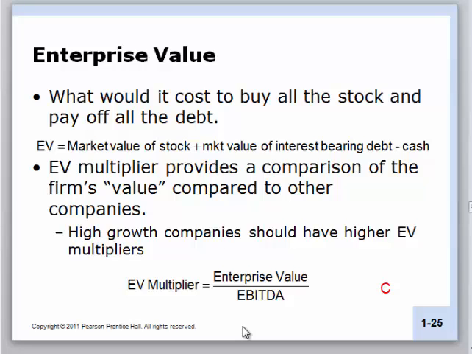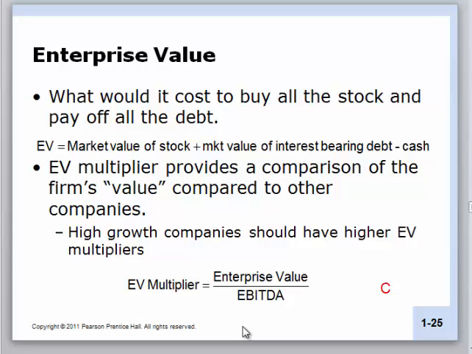So basically it says, look, what would it cost to buy all the stock and pay off all the debt? That's the enterprise value. The multiplier that we incorporate here is to divide that number by EBITDA, which is EBIT, earnings before interest and taxes, plus depreciation and amortization.